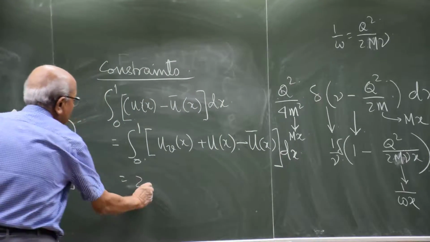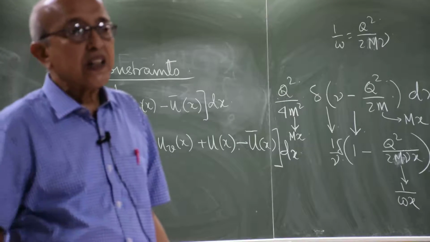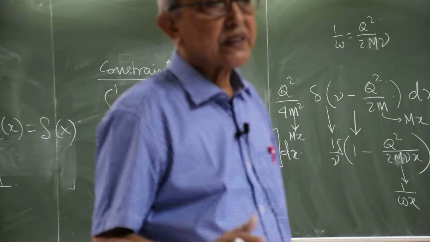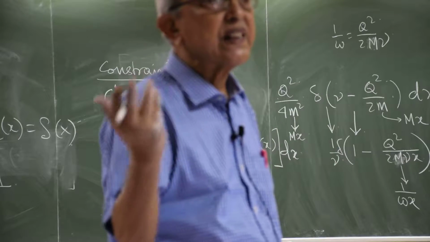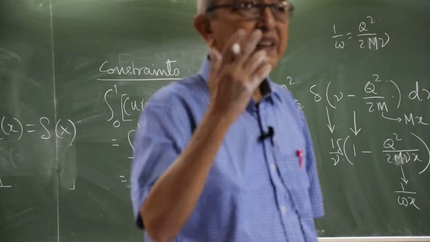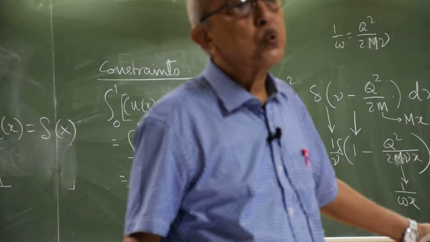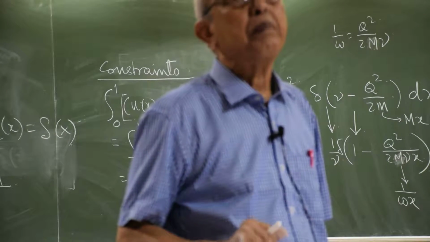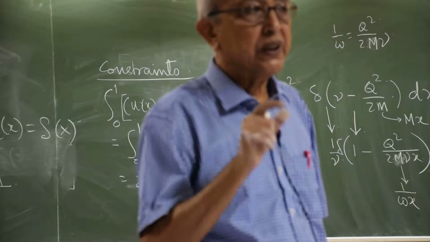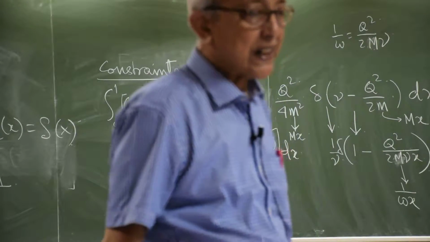This should be 2. Why? Because there may be many quarks, but there are two more valence quarks than the C quarks, and the number of U C quarks and the number of U bar C quarks are the same. Therefore, U of x minus U bar of x cancel, and this should be 2. So when you fit the parton density functions from the data, you have to assume that this constraint should be satisfied.